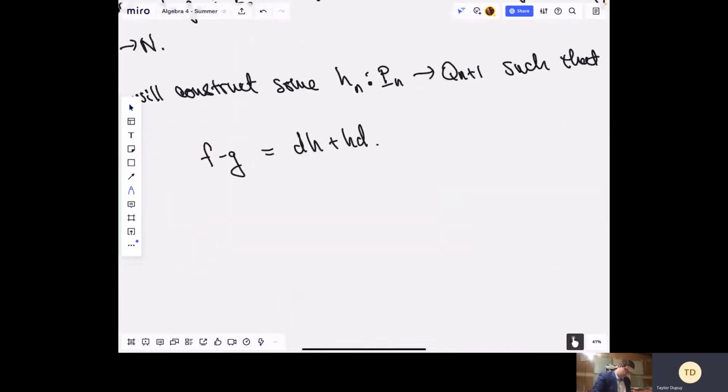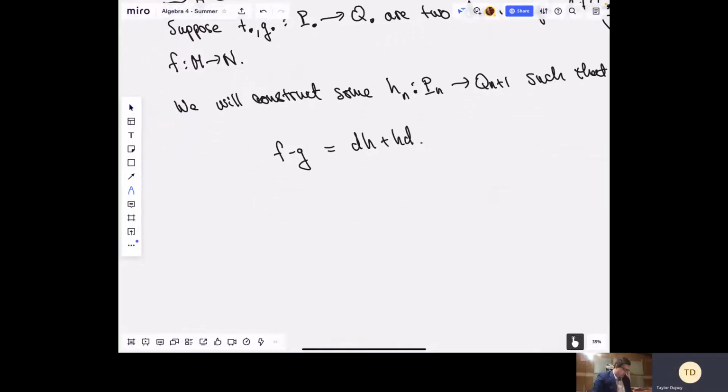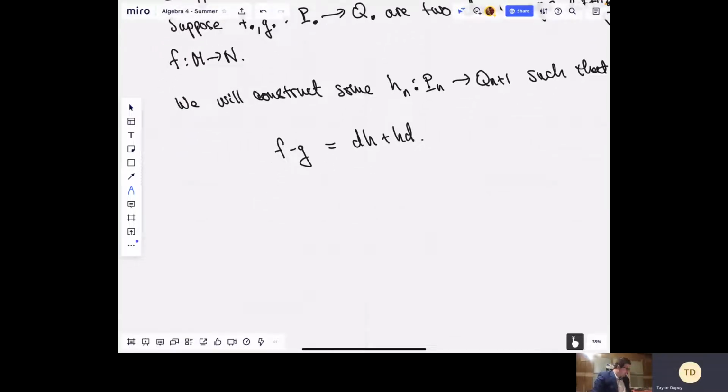So we're constructing a bunch of maps that go backwards. We'll do this by induction.